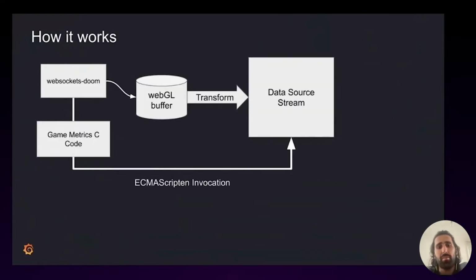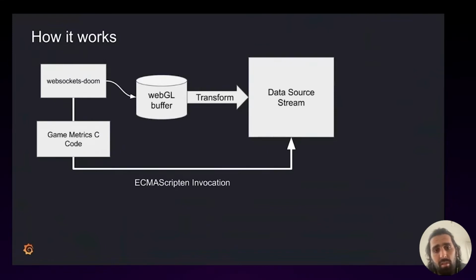So we went for the WebAssembly, and how does it work? We used a fork of Chocolate Doom called WebSockets Doom, which is basically a version of Doom that is compiled for WebSockets. And we modified the source a bit so that we get in-game metrics with some C code, and it invokes some ECMAScript code directly into the data source.